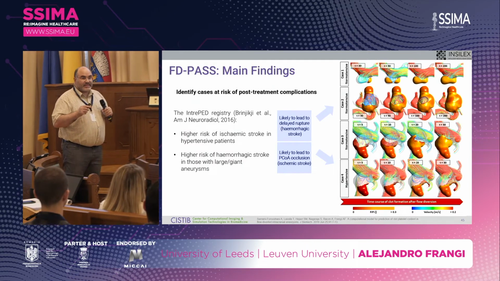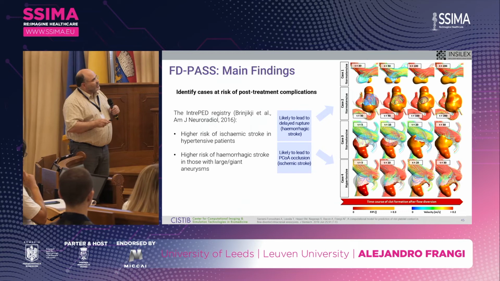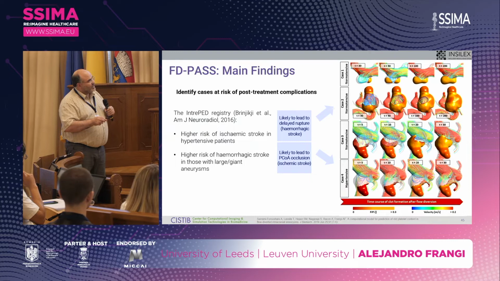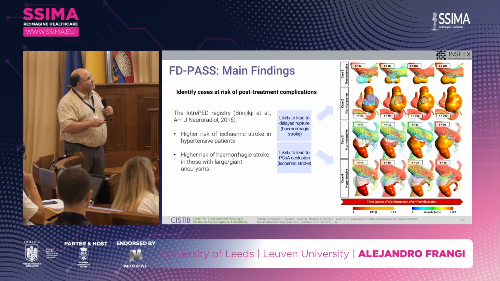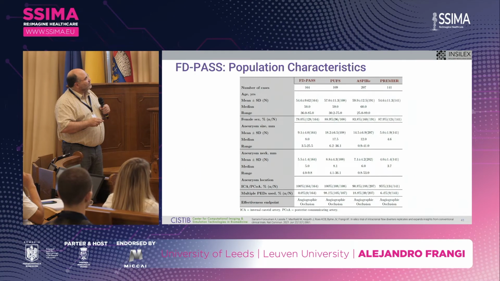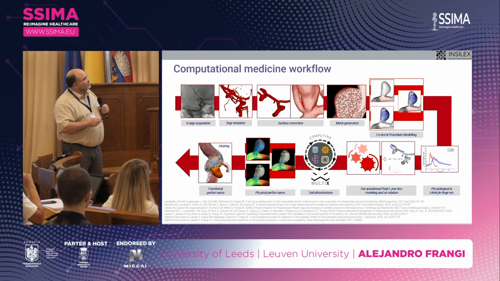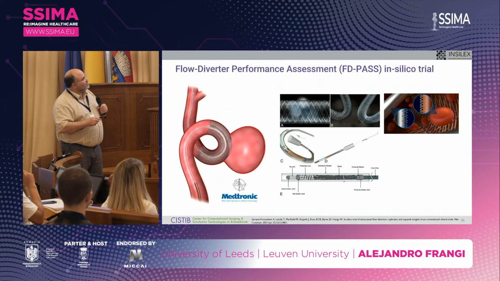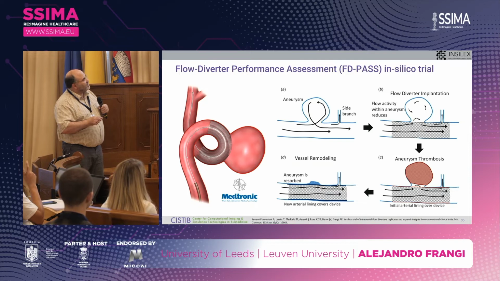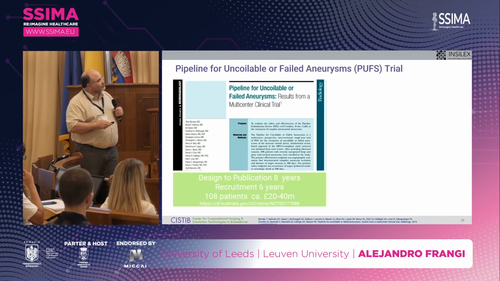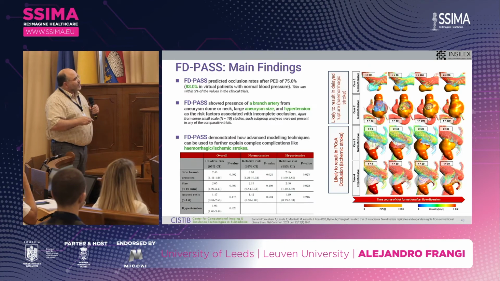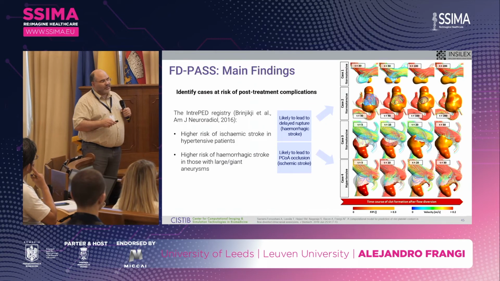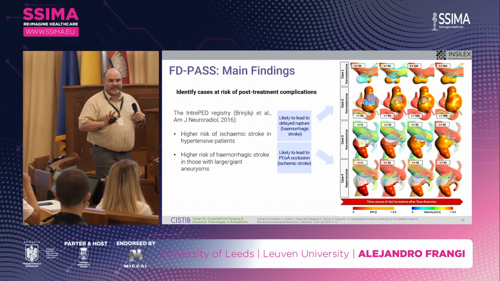One of the things that has anecdotally been observed in the literature is when a patient has a side branch. So this is the main vessel, this is the aneurysm, and there is a small side branch here. Clinicians, interventional neuroradiologists, know that when you have a side branch, you don't put a stent.